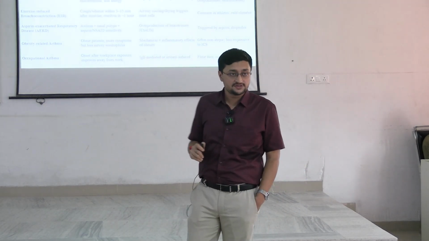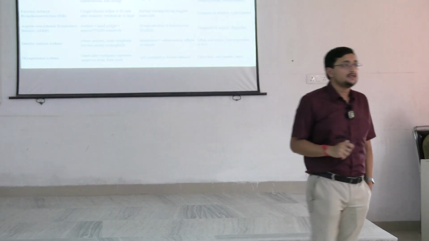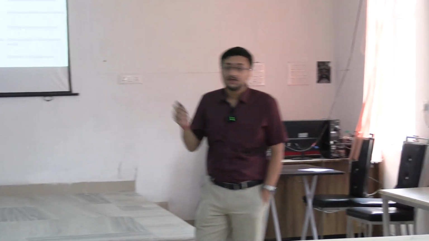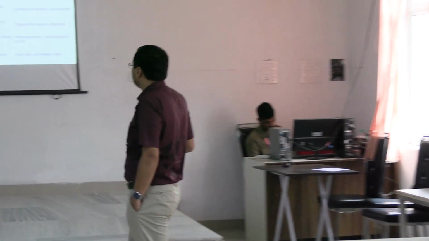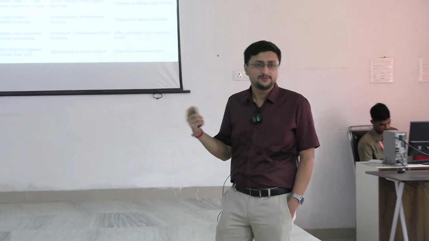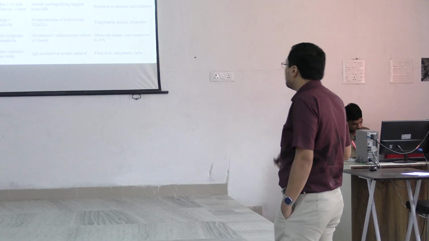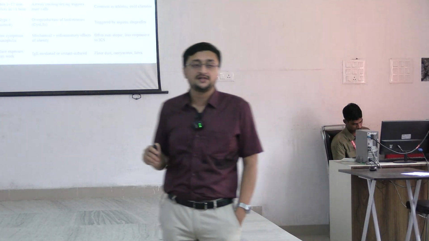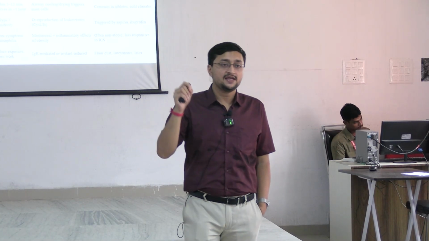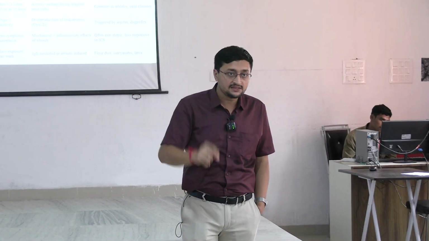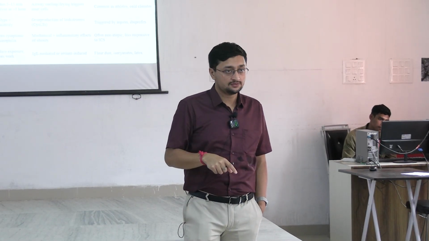exercise-induced bronchoconstriction. The patient typically develops asthmatic symptoms after 5 to 15 minutes of exercise, or maybe aspirin exacerbated respiratory disease or aspirin exacerbated asthma. The patient took aspirin or any NSAID, and then the asthma got exacerbated.